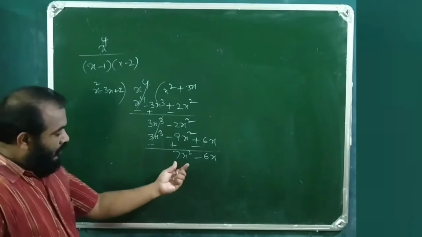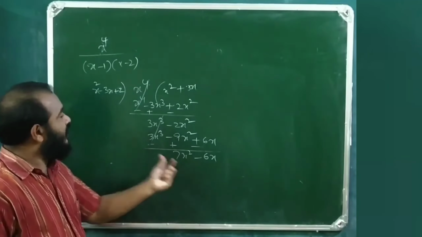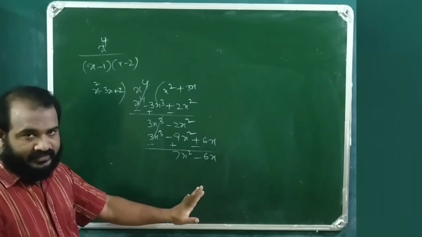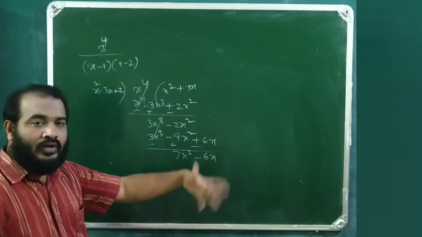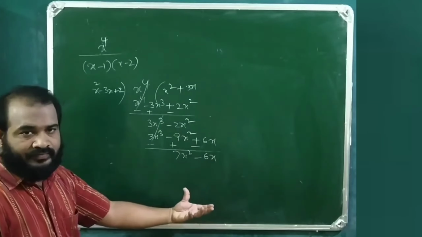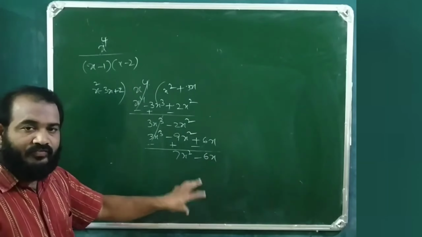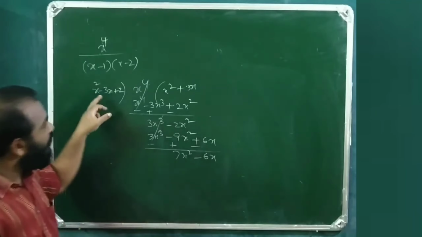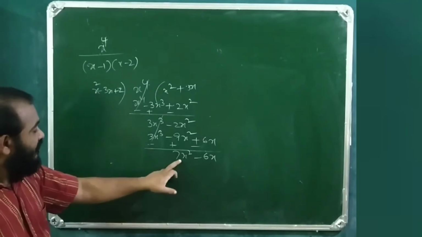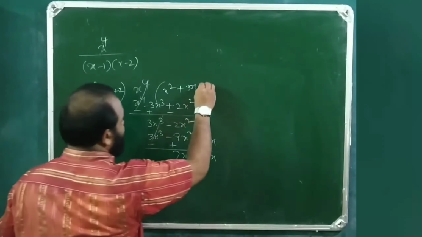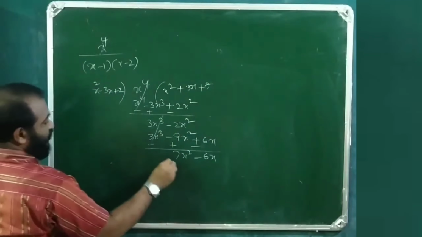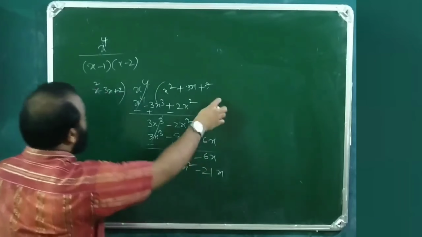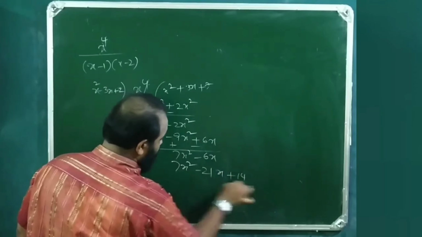Here the degree of the remainder and the degree of the divisor are both equal, so we have to divide further. We stop this process only when the degree of the remainder is less than the degree of the divisor. 7x square by x square is 7. So 7 into x square is 7x square, 7 3s are 21x, 7 2s are 14.